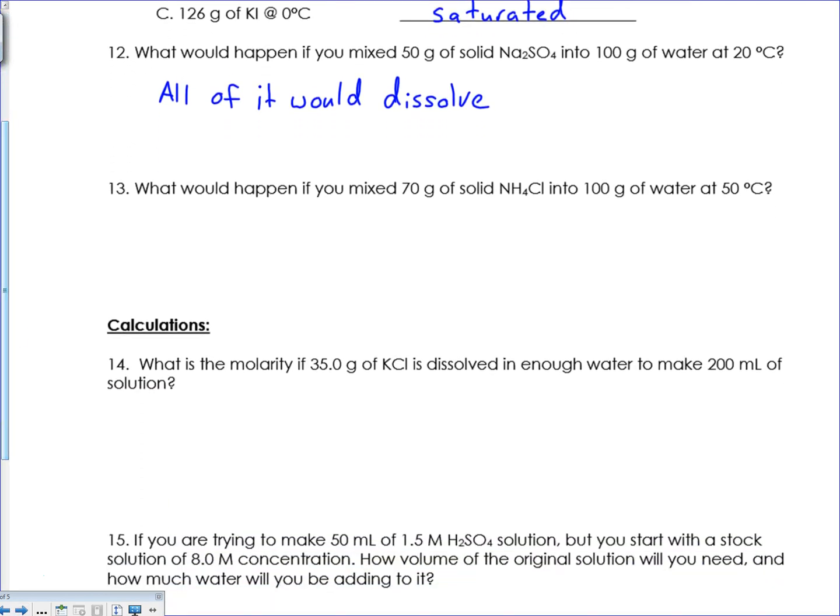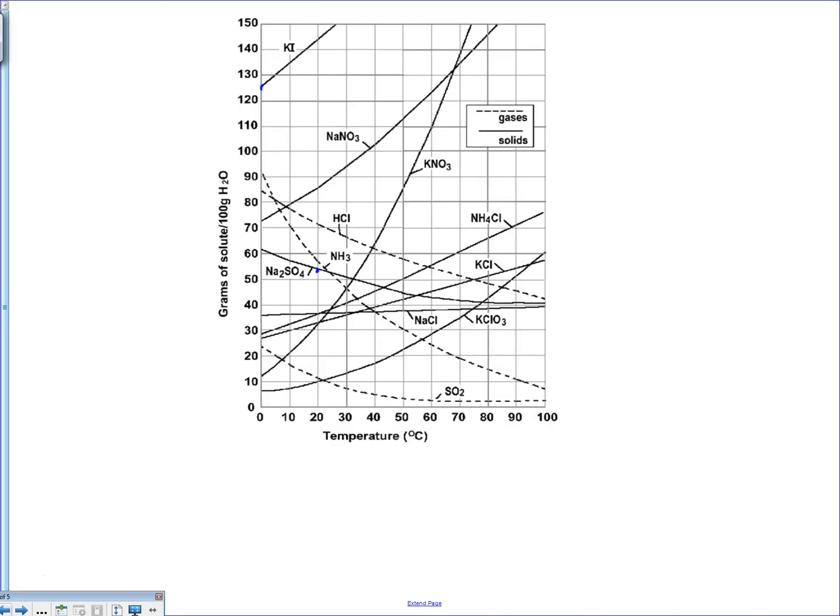For number 13, what would happen if you mix 70 grams of solid NH4Cl into 100 grams of water at 50 degrees Celsius? Again, we have to figure out how much NH4Cl is going to dissolve at 50 degrees Celsius. That's right here. It looks like 50 grams will dissolve.